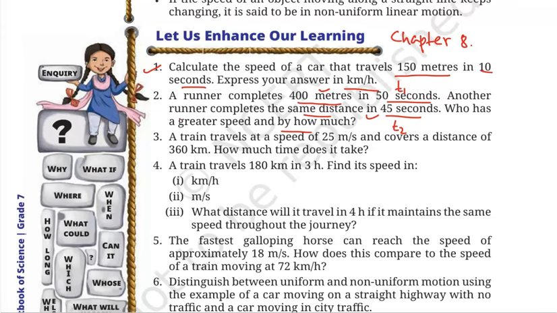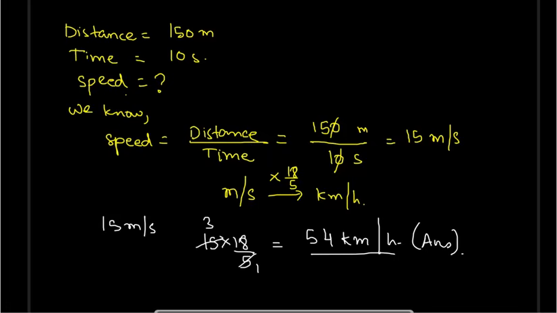Let us quickly go to our solution board. Next page. What is given to us? Suppose we take runner A and runner B. The first runner is covering a distance of 400 meter.